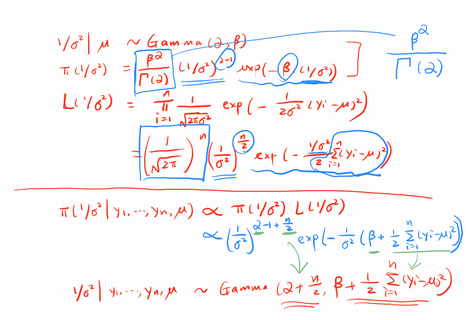So this is the derivation process of recognizing this to be a gamma posterior distribution. And like I said, I think it's slightly easier than the other one that we did for the normal mean, because that requires completing the square and recognizing it to be a normal posterior distribution.